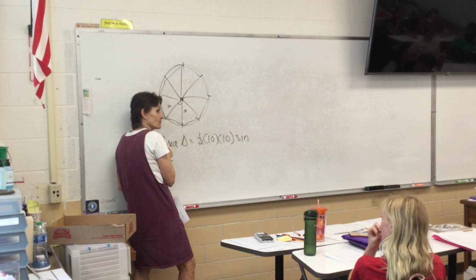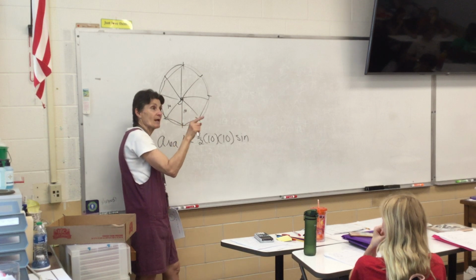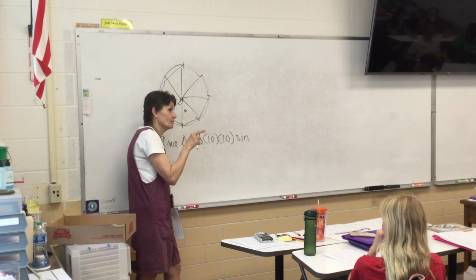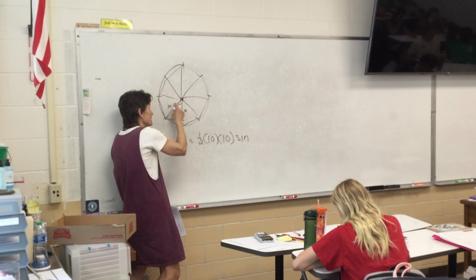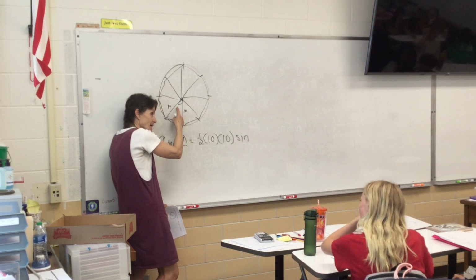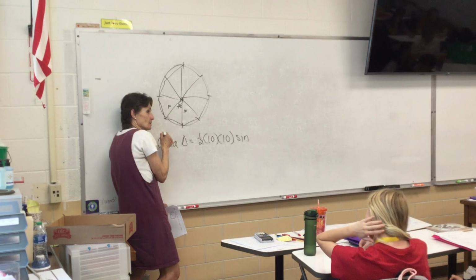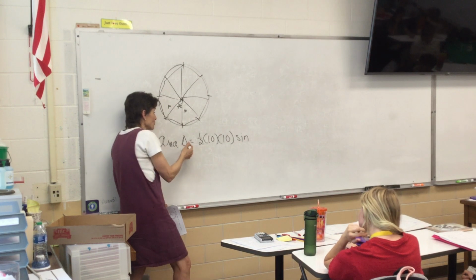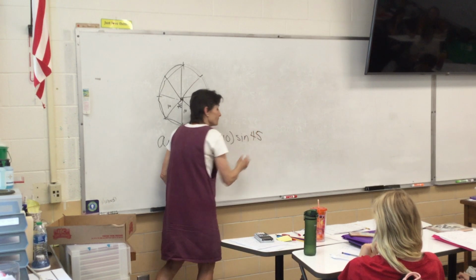Abby? Isn't that like you divide the 180 by 8? You are right on, but it's not 180. A circle is 360. So this angle, there's 8 of them around here. So this angle is 360 divided by 8. So it's 45. So the area of the triangle is 1/2 times 10 times 10 times sine 45.